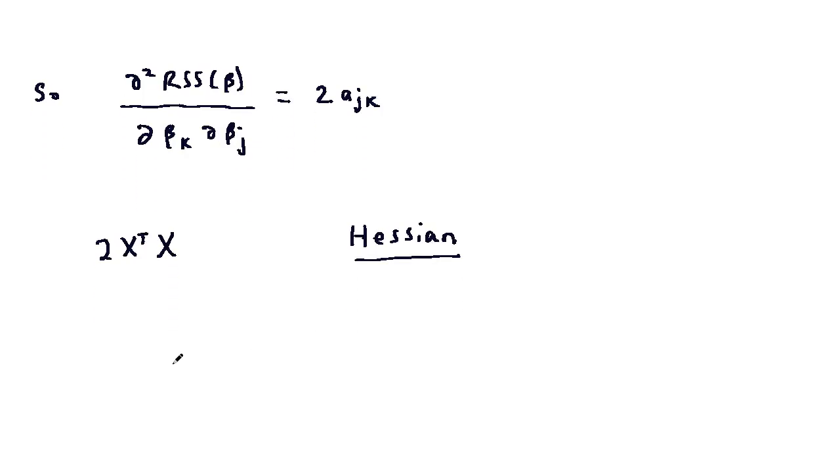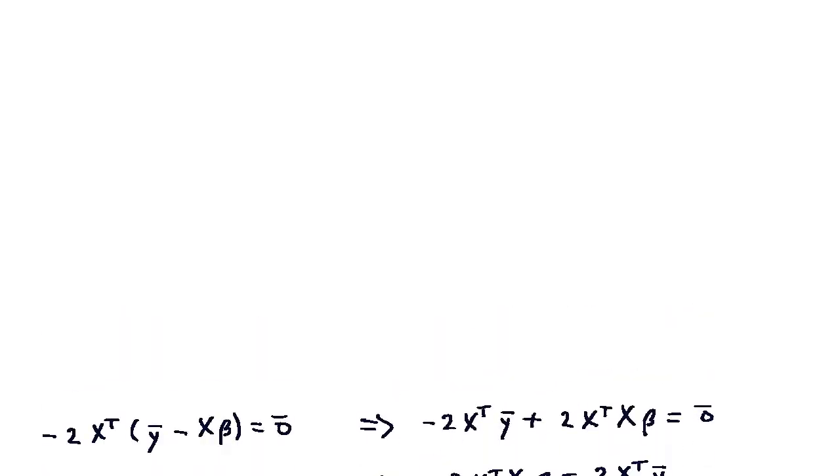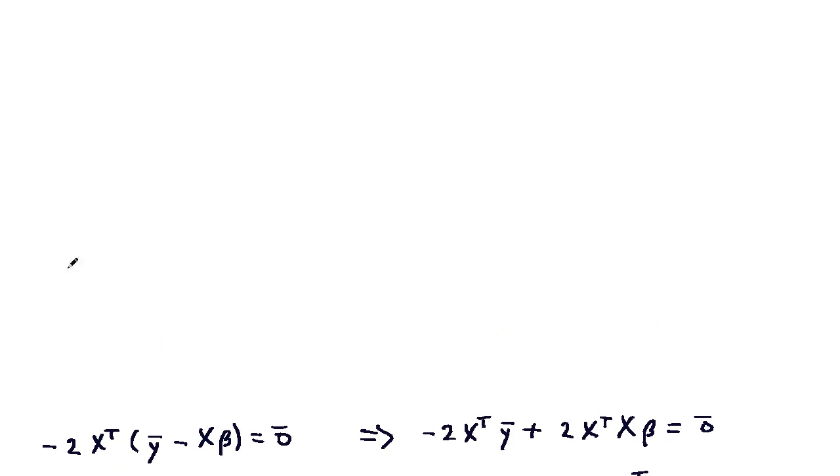Now, by the second derivative test, if the Hessian of RSS of beta at a critical point is positive definite, then RSS of beta has a local minimum there. Now, if we set our vector of derivatives to 0, we get negative 2x transpose times y minus x beta equals 0.